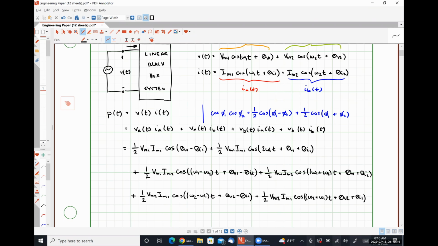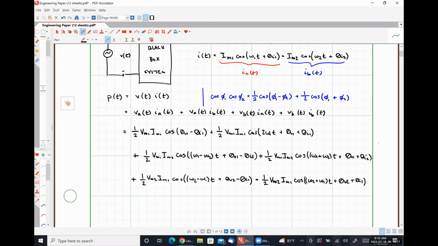And finally, we are on the part where we multiply VB times IB.